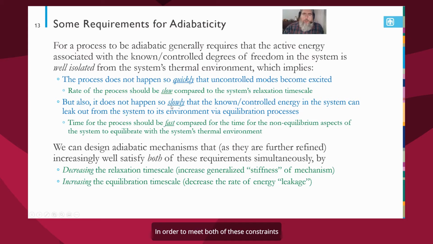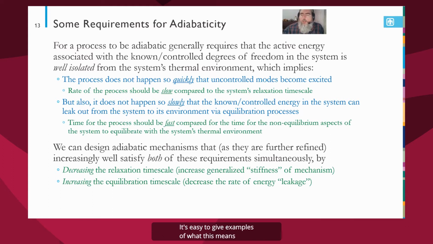And so in order to meet both of these constraints and stay well away from the time scales that you want to avoid here, we essentially have to move apart those time scales. So we want to decrease the relaxation time scale as we refine the technology and increase the equilibration time scale.